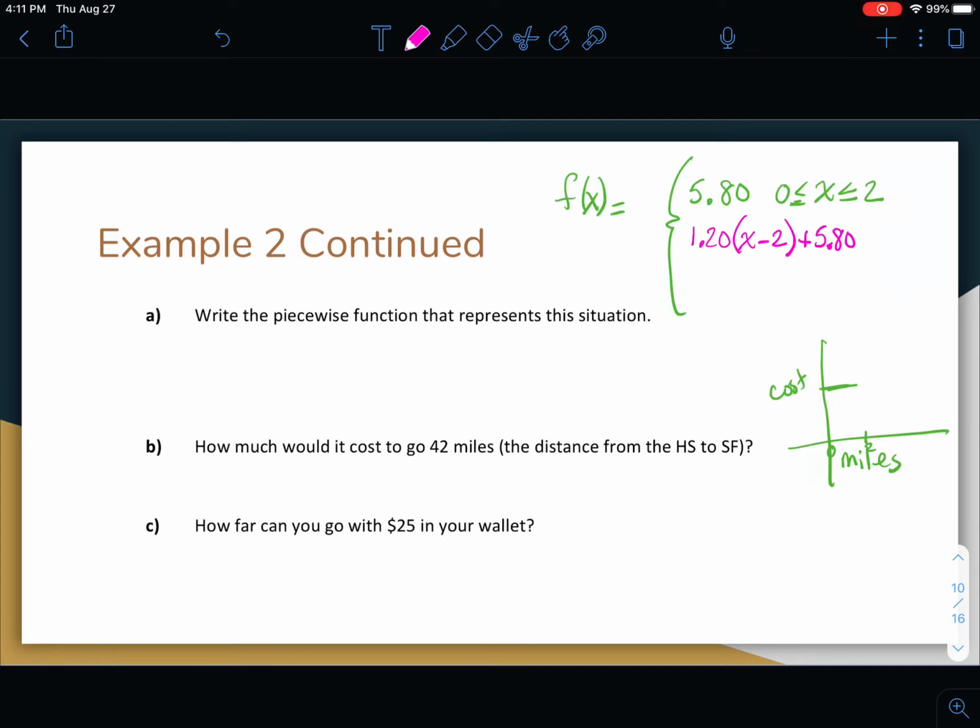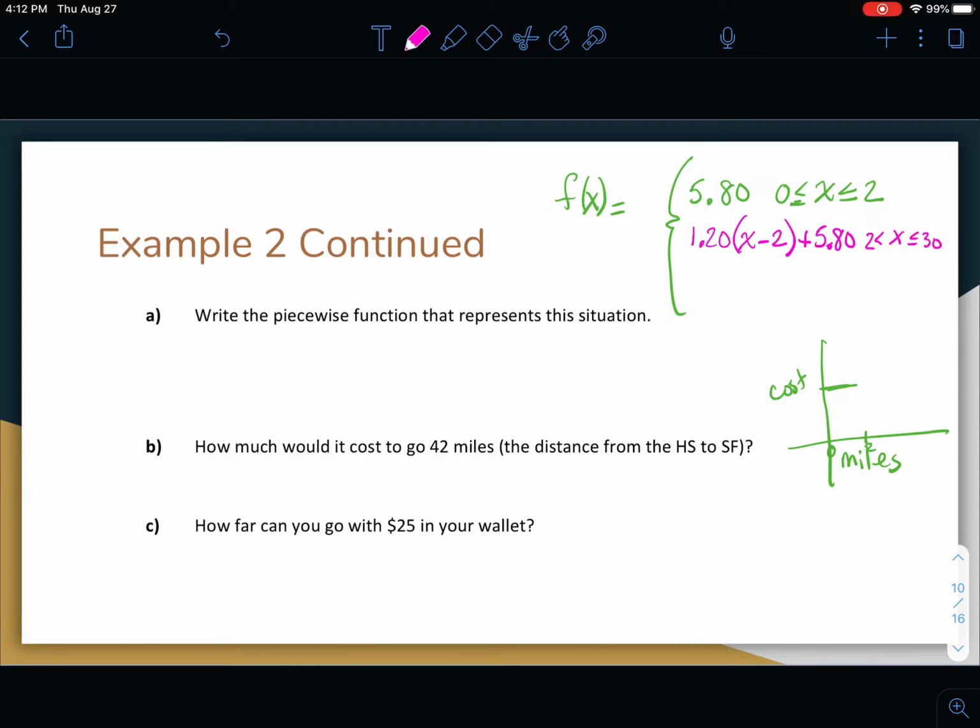Okay, so if you traveled over 2 miles, but less than or equal to 30 miles, then you're paying what's on the left. So let's say I traveled 5 miles.